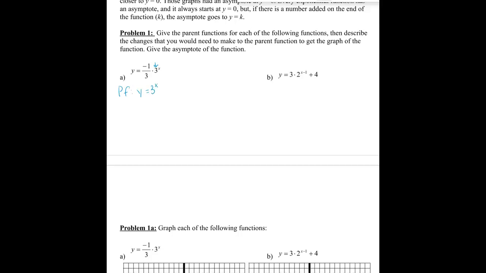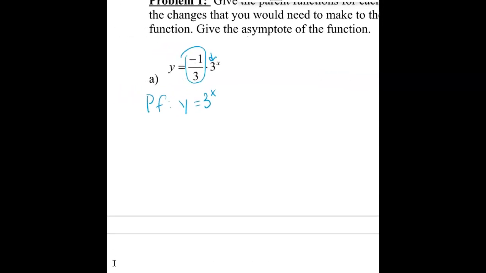Cool beans. Alright, the only transformation that I see other than that parent function is this negative 1/3 sitting out here. So now at this point I have to identify that a is actually going to be less than 1, so in this case it is going to be a shrink vertically.